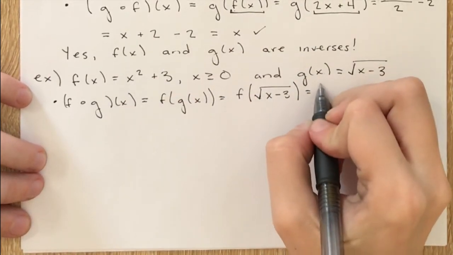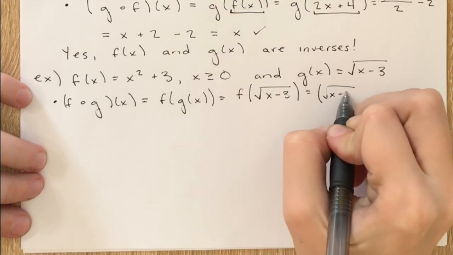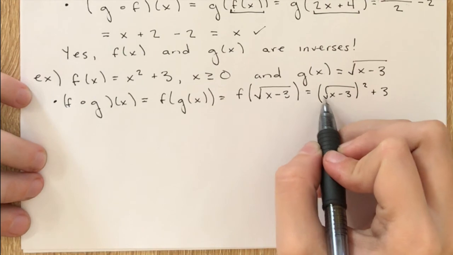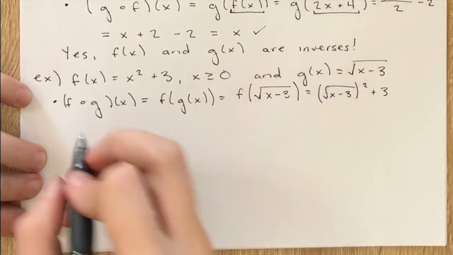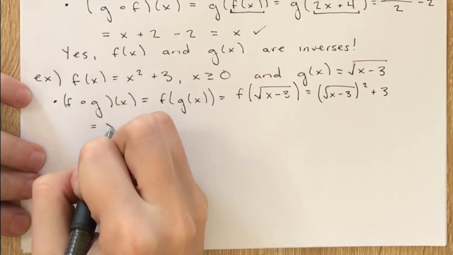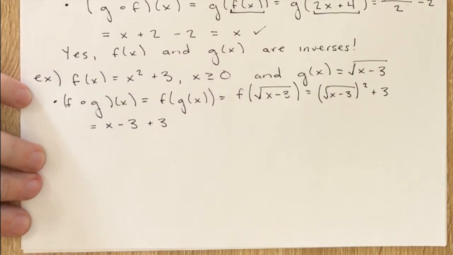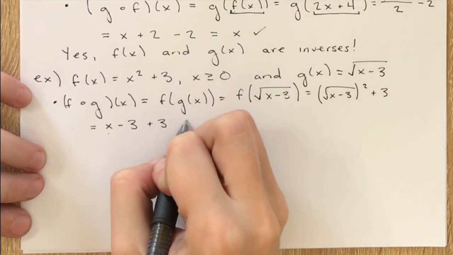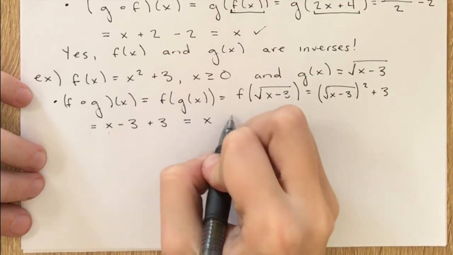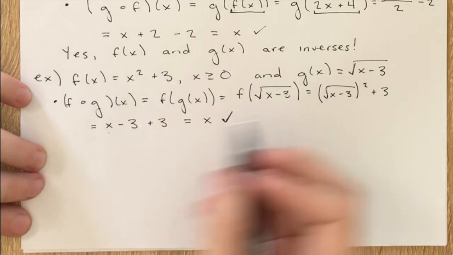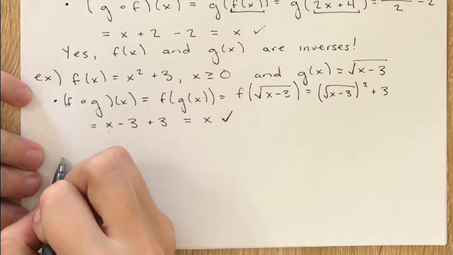So we have square root of x minus 3 squared plus 3. Square root of something squared is x minus 3 plus 3. Minus 3 and then plus 3 gives us 0, so we're just left with x. So far, we are good. This is very possibly the correct inverse.